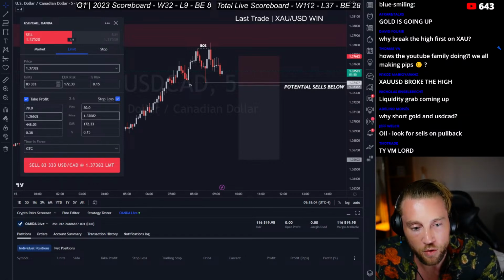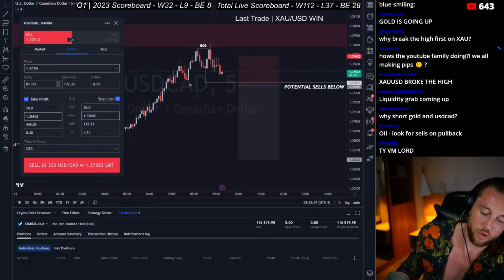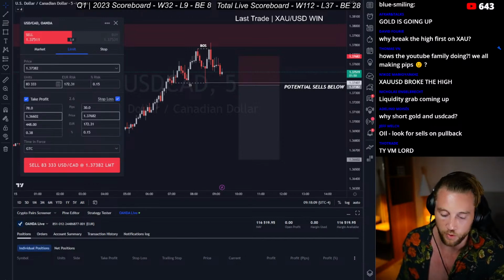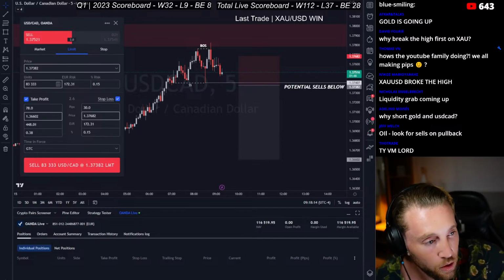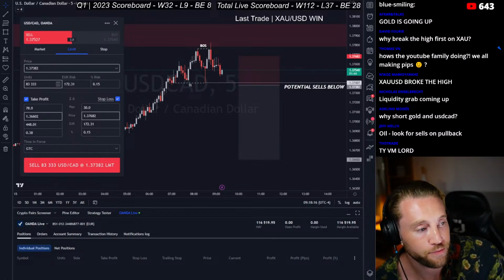Why short gold to USD cut? There's no confirmation yet, but we're looking to catch the reversal during the open, the New York Open, or the actual open here.